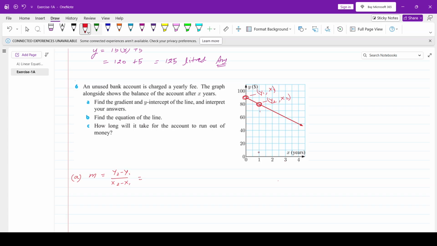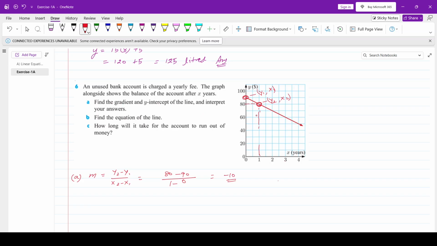Here the y2 value is 80 minus the y1 value of 90, and the x2 value is 1, the x1 value is 0. That gives minus 10. Can we say every year $10 is being deducted from this account, and initially it had $90? So how many years will it take for the amount to become empty? It will take exactly 9 years. We can do this in our mind as well.